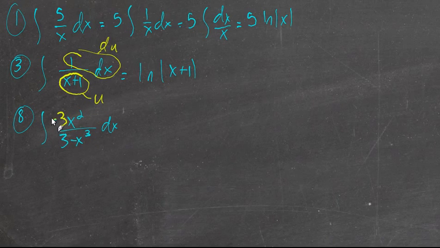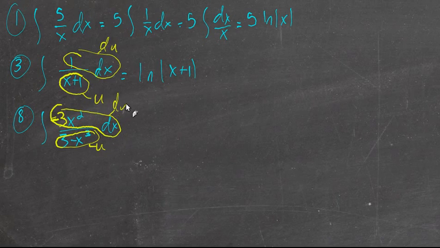So if we put a negative 3 out there in front, then if that's u, now negative 3x squared dx, that's du. So we have du over u.